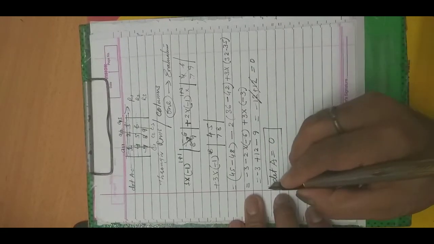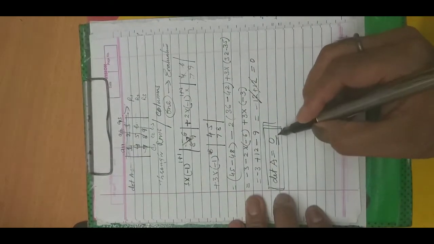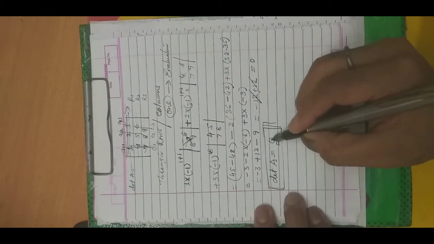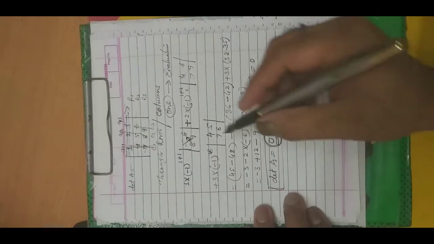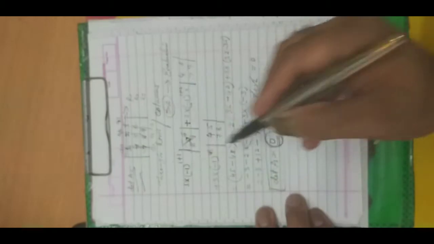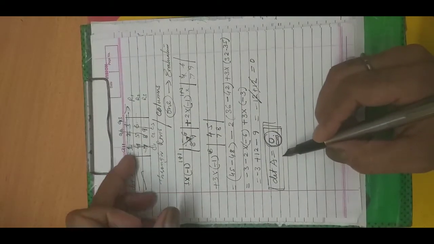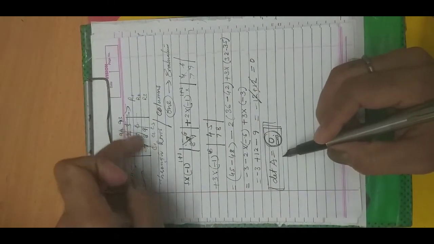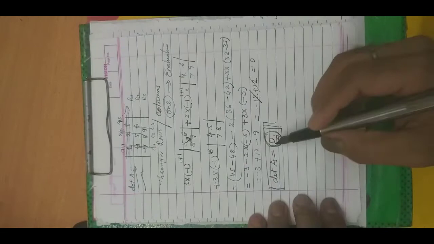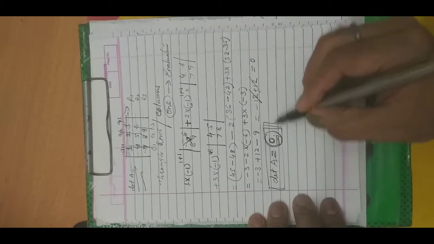The evaluation of determinant A is completed here, and as I told you earlier, we will say its numerical value is 0. So the value of this determinant A is 0. This will come the same whether you are going through R1 or R2 or R3 or C1, C2 and C3. Always its value will be 0 only.